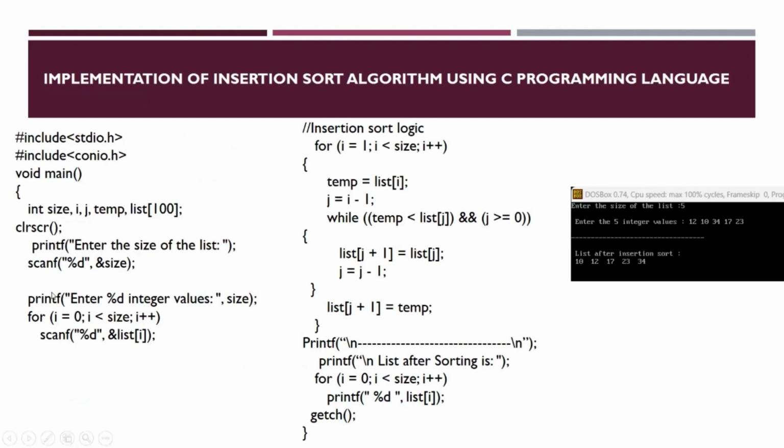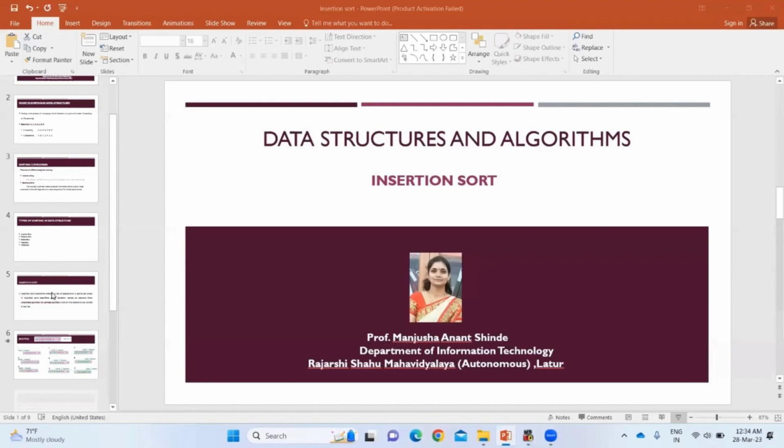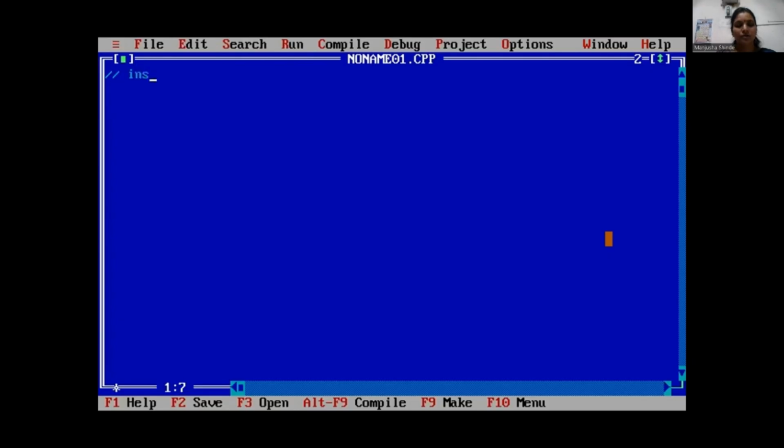So let us start the C programming code for insertion sort. Hash include stdio dot h, hash include conio dot h, main function, opening of the curly bracket. Here we declare some variables like integer size, i, and another loop variable j.